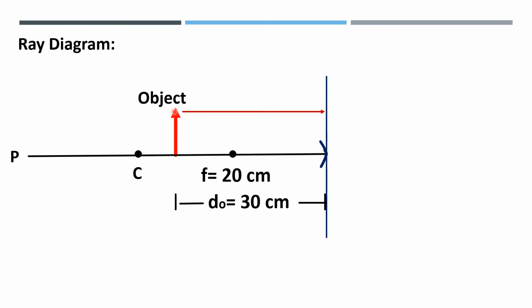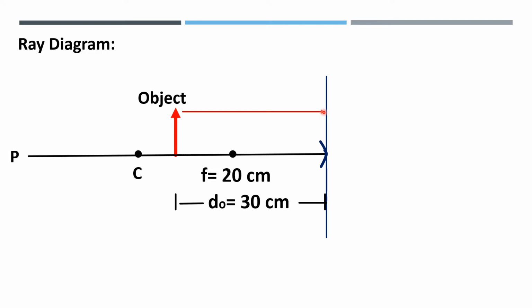So, as you can see, the light ray comes from the tip of the arrow and strikes the mirror. What's going to happen if this light ray will be reflected by the concave mirror?